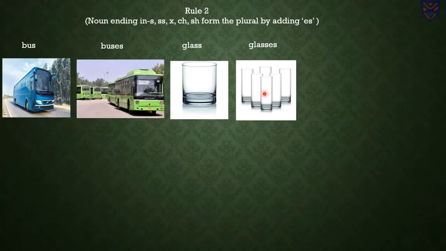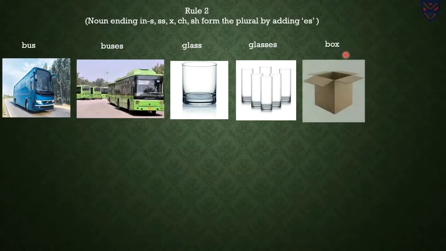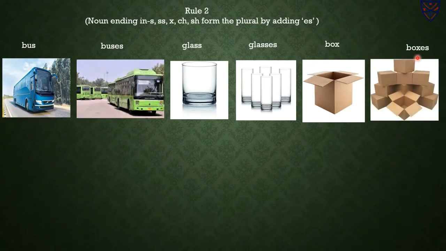Okay. Box, at last x comes. Box means one box. Now to convert this box into plural, we have to put es at last, boxes.